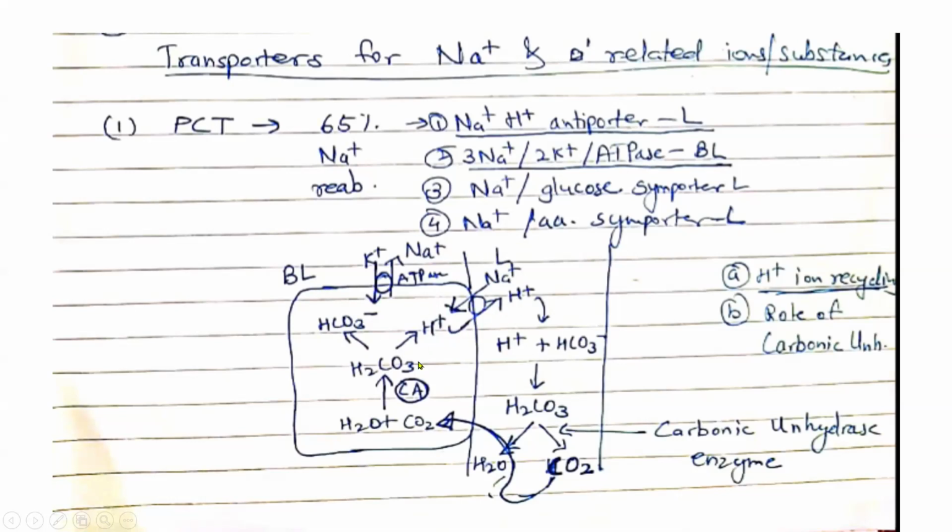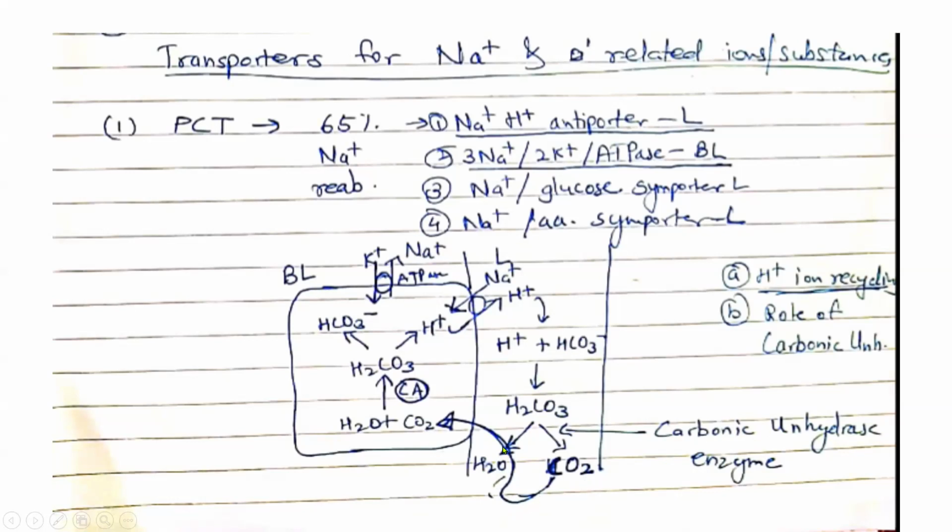From where is this H plus coming? You see, H plus enters here, combines with bicarbonate ions and forms H2CO3, carbonic acid. This carbonic acid, under the influence of a very important enzyme, carbonic anhydrase, gets converted into water and carbon dioxide.